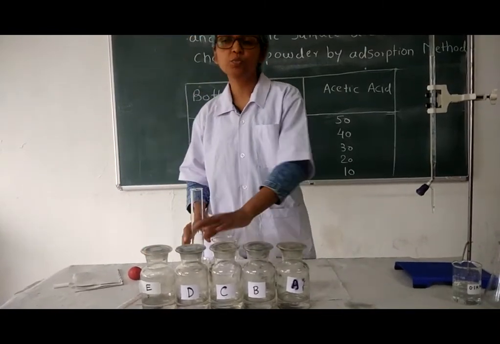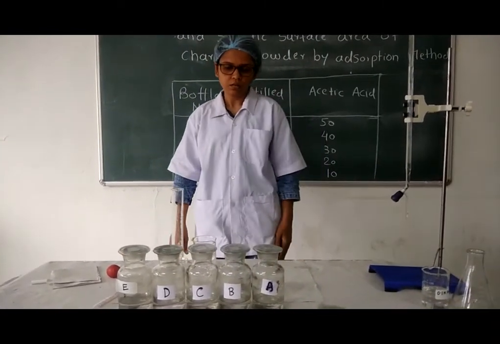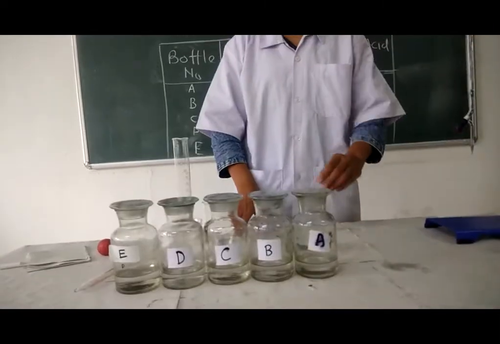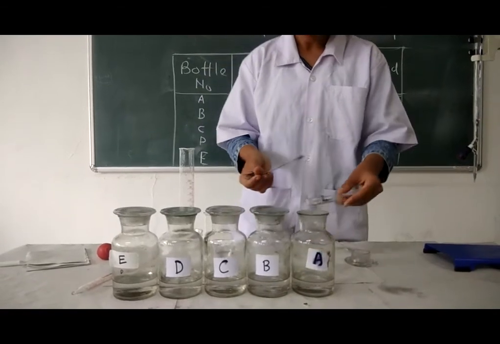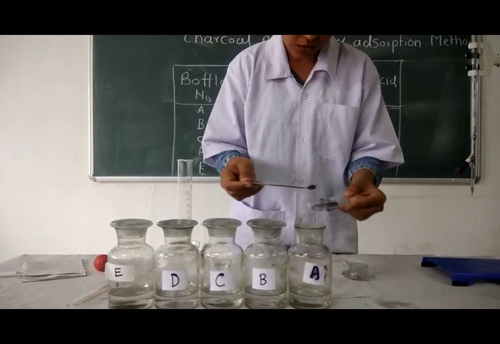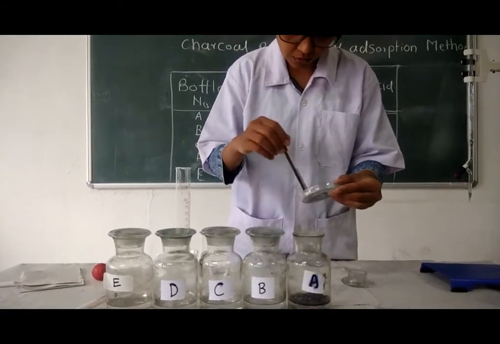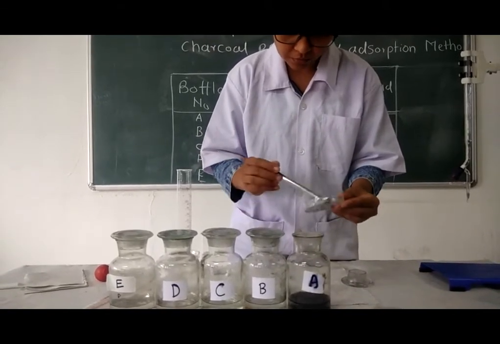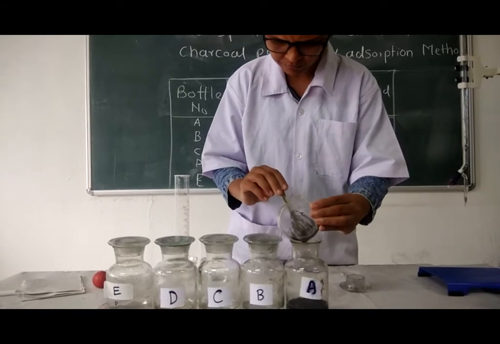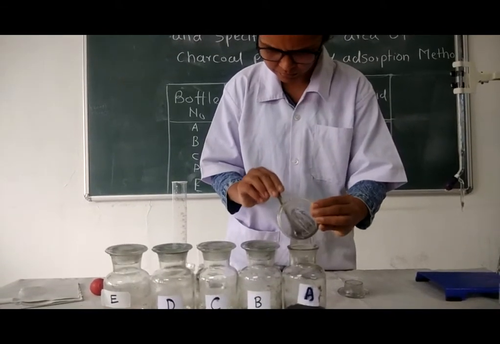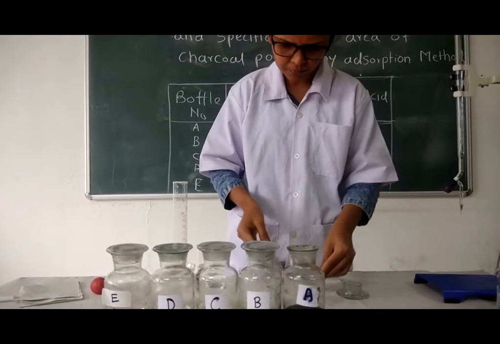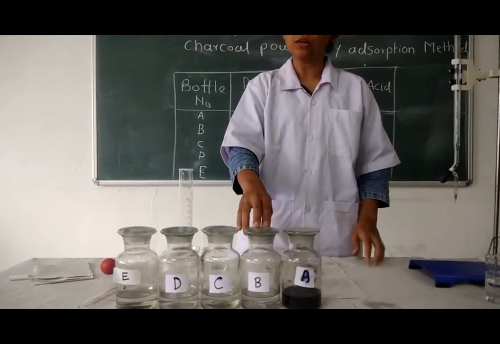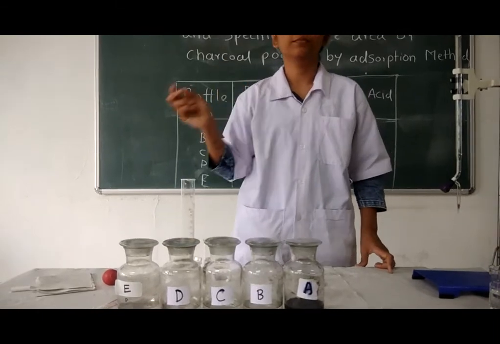Then in each bottle, I am adding 1 gram activated charcoal. So in bottle A, I have taken this 1 gram of activated charcoal and I am adding it into this bottle A. Likewise, I will add 1 gram of charcoal in each bottle.